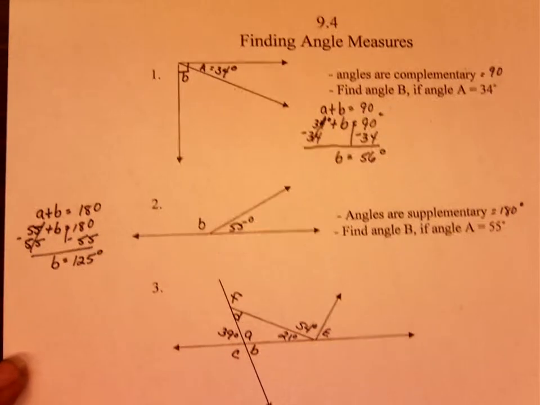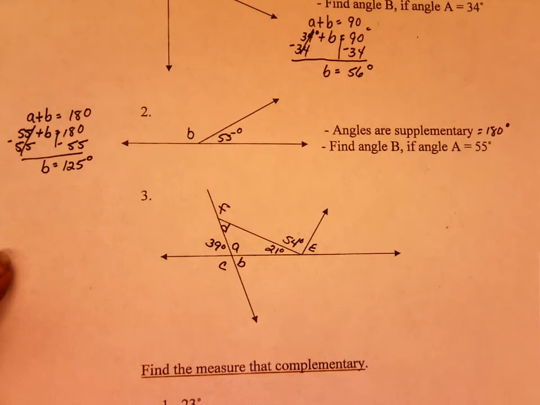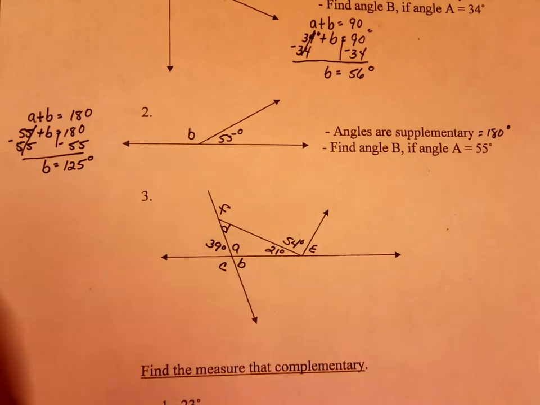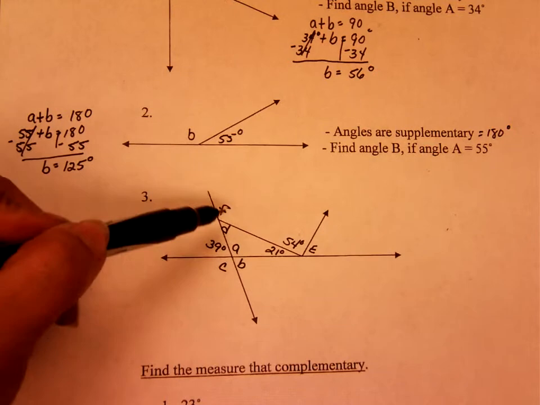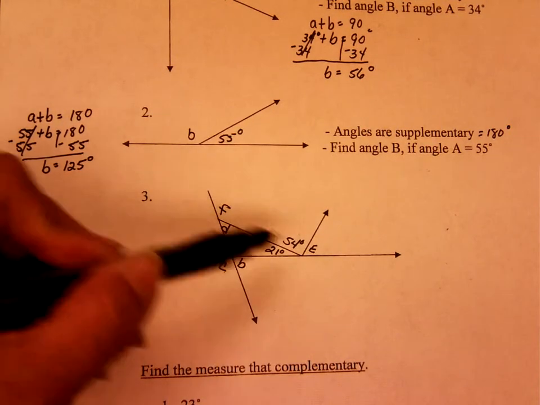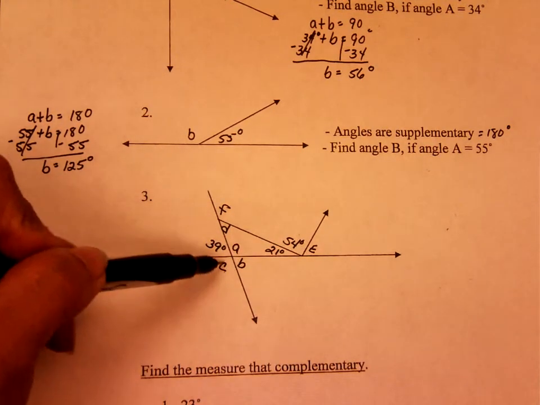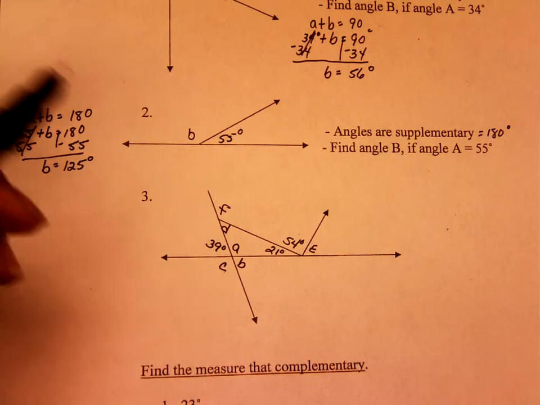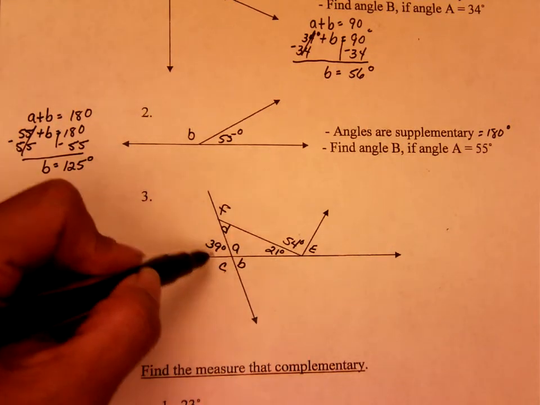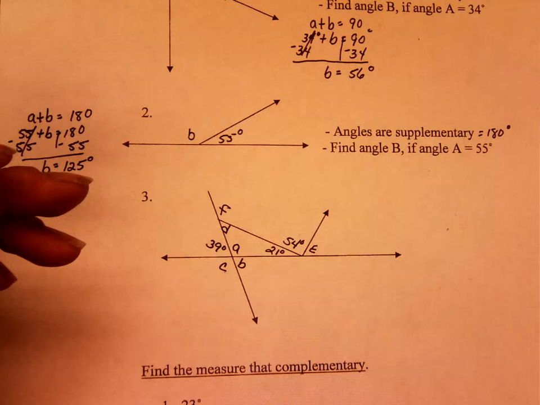Right, number 3 looks very confusing and looks like it's really, really hard, but it is not. You just have to look at what you know, okay? Without even having to figure anything out, you should know one letter. So all these letters, A, B, C, D, E, and F, you're going to figure out what the degree is. So looking at any of these, is there any that you can figure out just by looking at it?